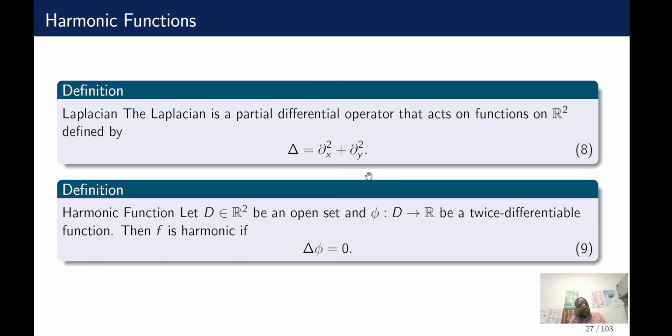But they also give us a new tool to analyze what we call harmonic functions. Harmonic functions occur in a number of physical phenomena, in heat transfer, vibrations and other related things.